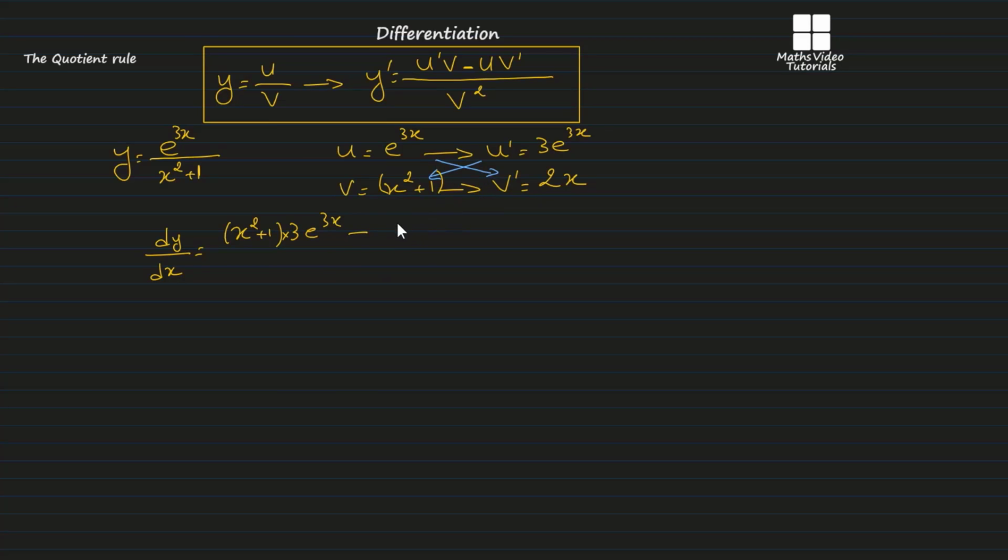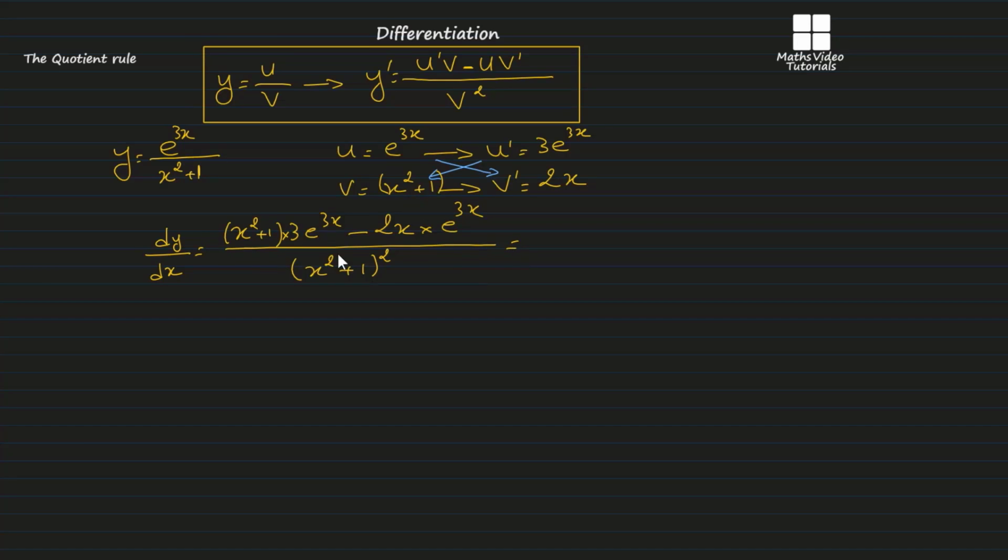So again, 2x times e to the 3x. And then we're going to divide by v squared, which is the denominator squared, because that is our v. So again, keep it in bracket, of course. No need to expand it at this stage. All right. Most of the time, you do not need to expand it.